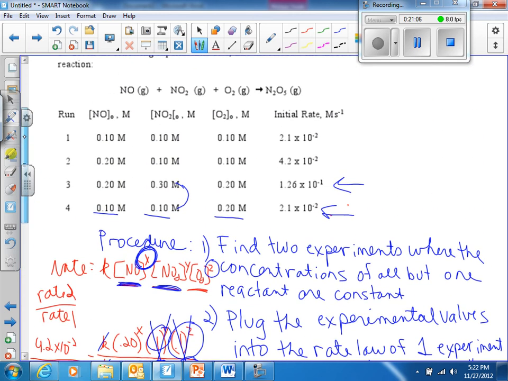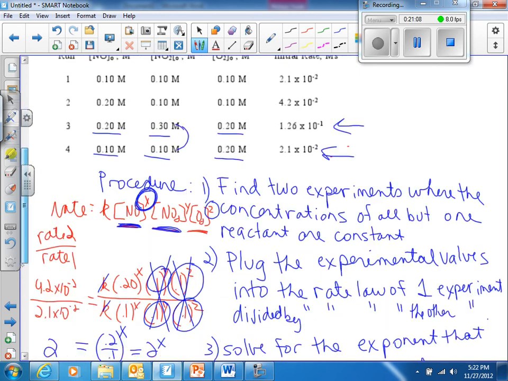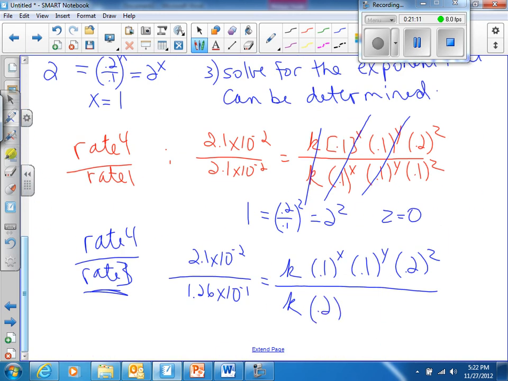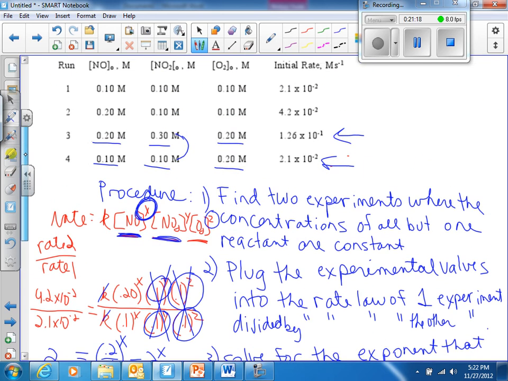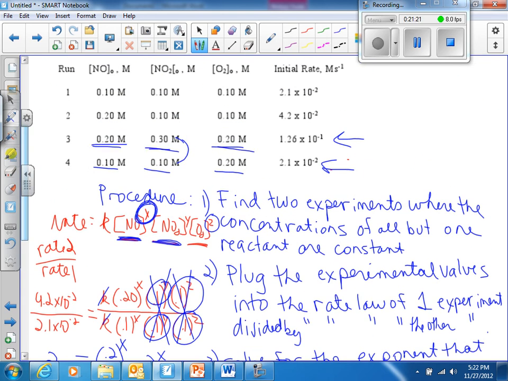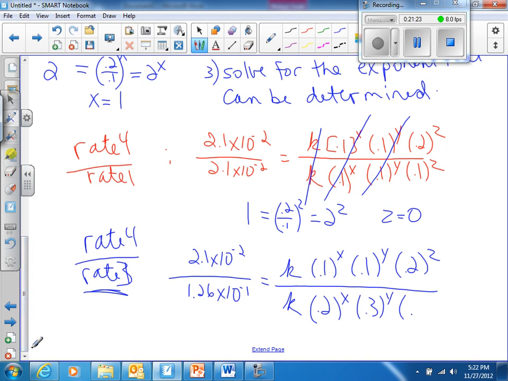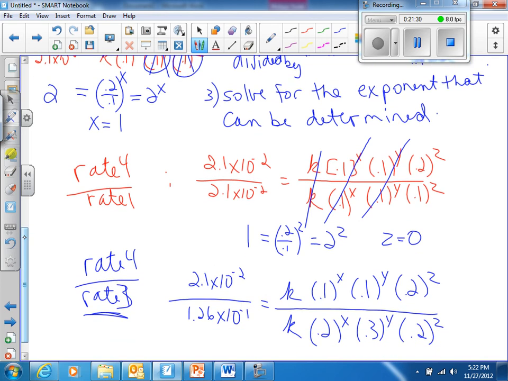Rate 3, I have to put in my concentrations, 0.2, 0.3, 0.2. 0.2 to the x, 0.3 to the y, 0.2 to the z. I was just plugging in the concentrations. Well, I know x, so I can plug that in also. Right here, I found out x was 1, so I can put a 1 here and a 1 here. And I know z. Z is 0.